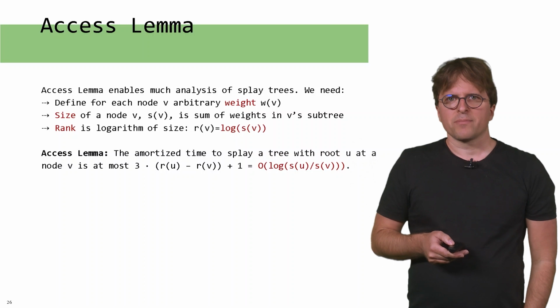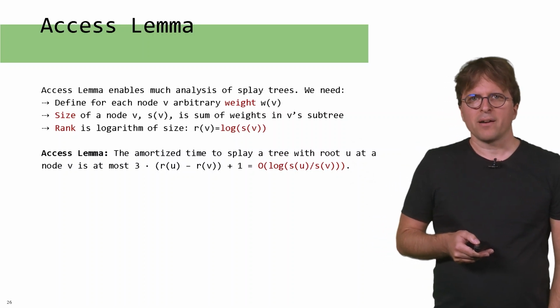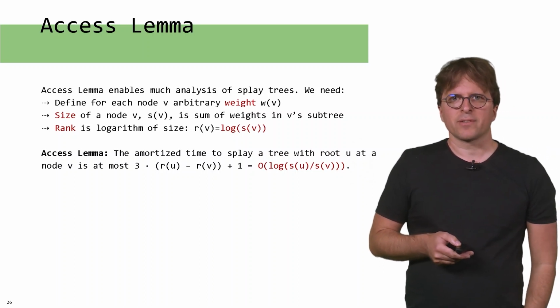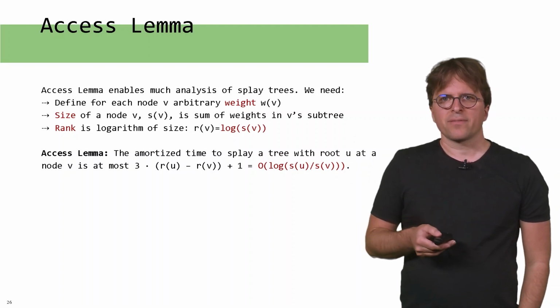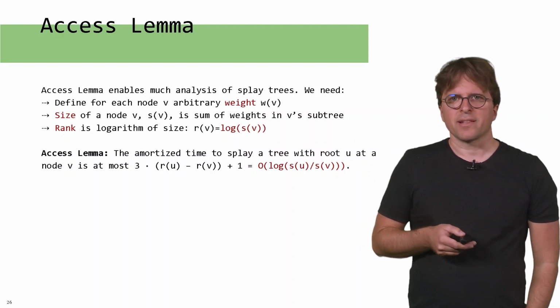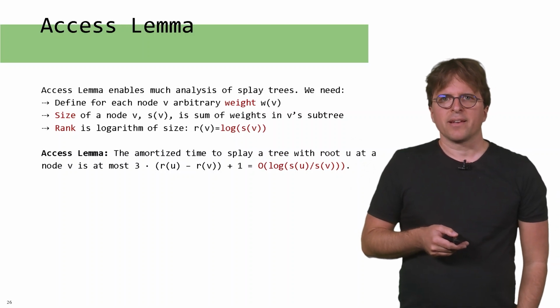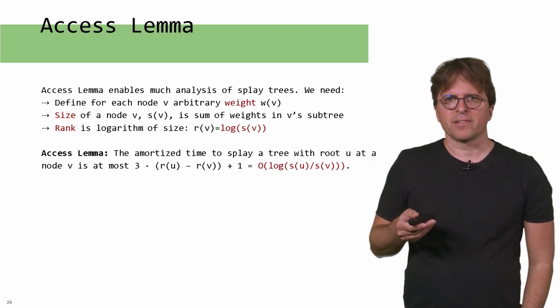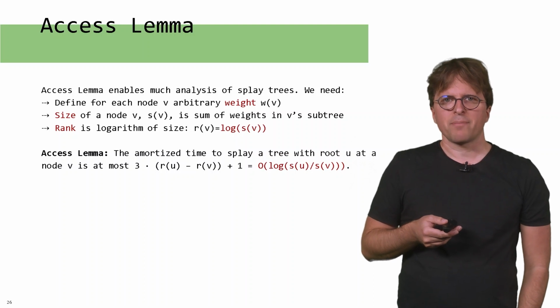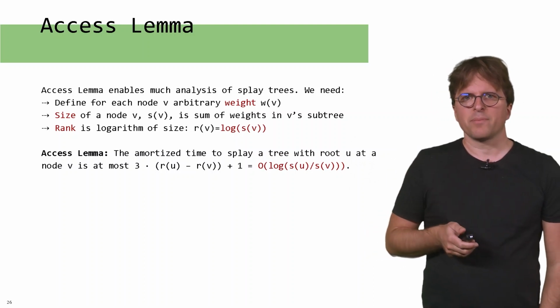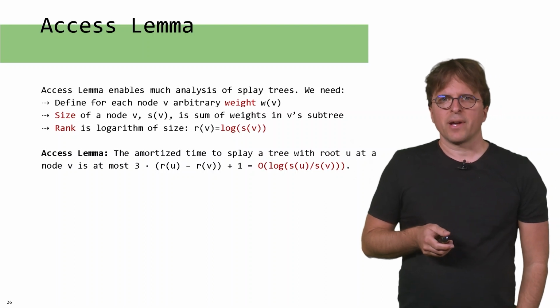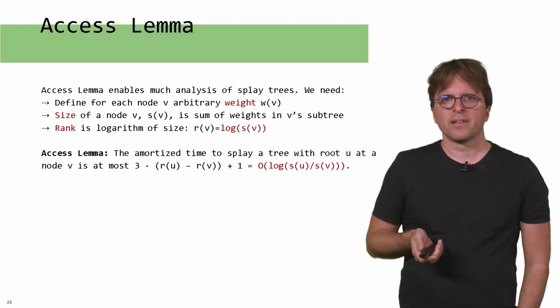So one most important lemma about splay trees is called the access lemma. And a lot of the properties that we have are actually based on this access lemma. And it enables a lot of the analysis there. So what we need for this lemma is, we define for each node v in the BST a weight w(v).